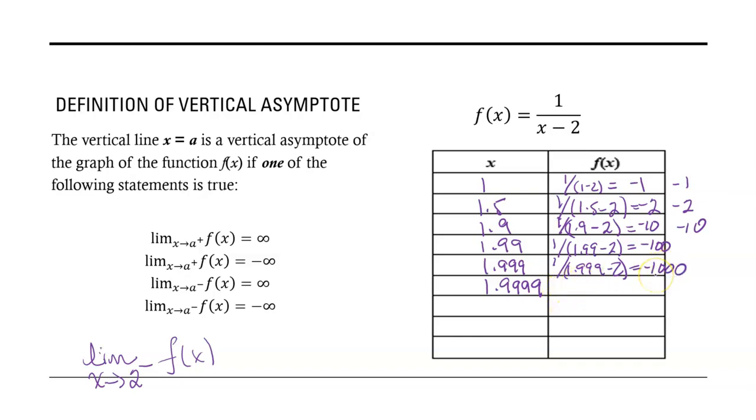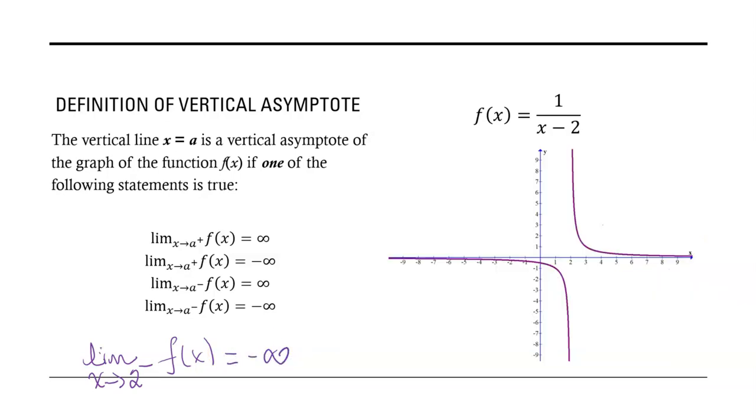And then for 1 over the quantity 1.9999 minus 2, that is 1 over negative 1/10,000, so this would be negative 10,000. And we see a pattern emerging. We see that as our values of x approach 2 from the left, the function values are growing very small. They're headed towards negative infinity.